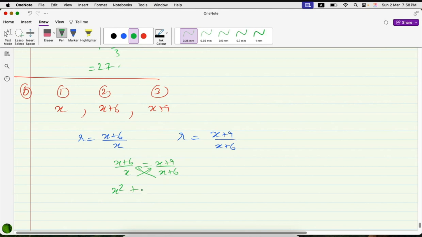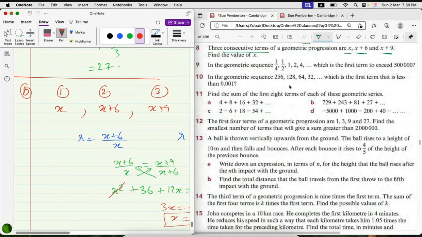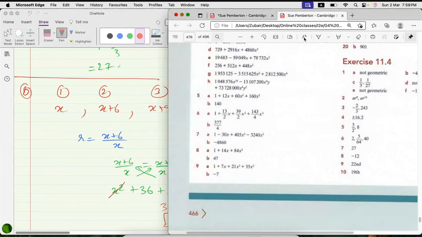a square plus b square plus 2ab, which is x square plus 12x plus 36, equals x square plus 9x. So 12 minus 9 is 3x equals minus 36, and x is equal to minus 12. And the demand was to find x.